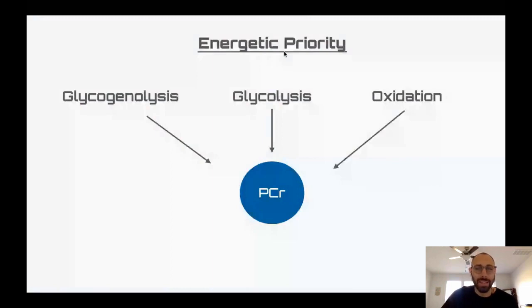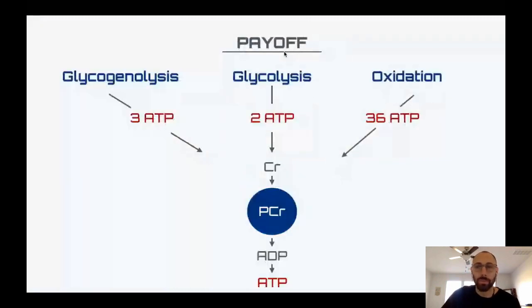So our priority is to fill up the PCR pools. So the payoff. Why does this make sense? Even from the standpoint of going against the traditional model, we know that the payoff on oxidation is 36 ATP. So if we want to do a lot of intense and powerful work, I need a lot of energy to create that kind of power.